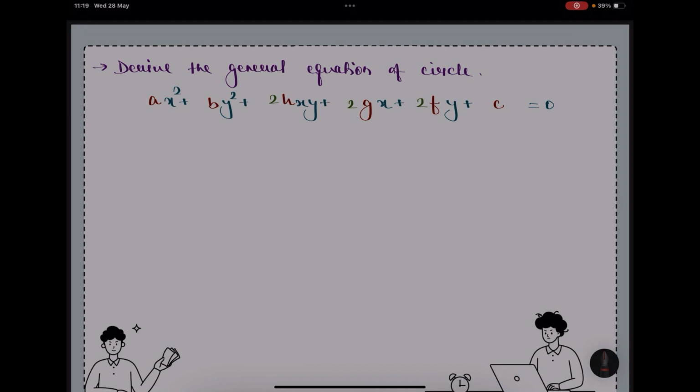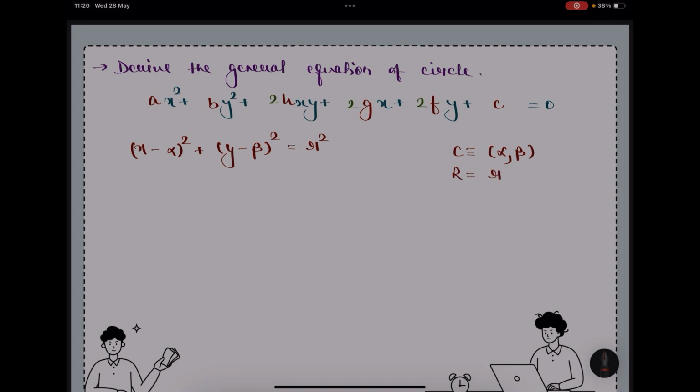Okay, right now we are interested in finding the situation where this 2-degree curve will represent a circle. So in general we have already derived x minus alpha whole square plus y minus beta whole square is equal to r square, and here you know that center of a circle is alpha comma beta and radius is r.